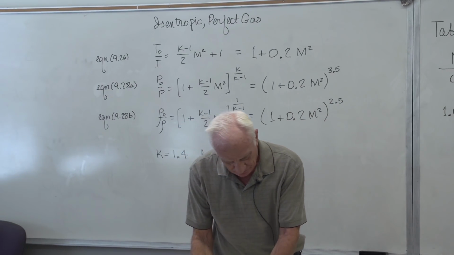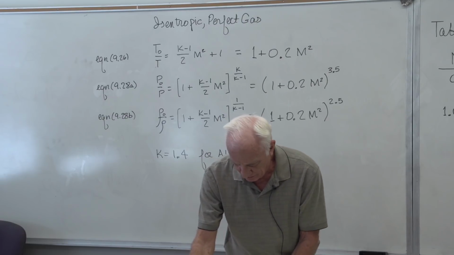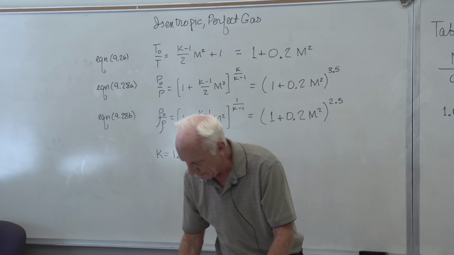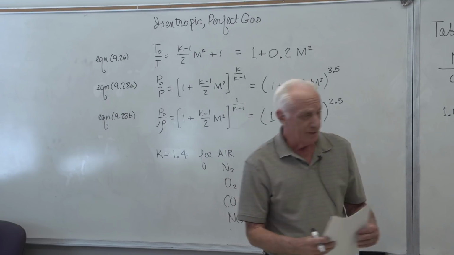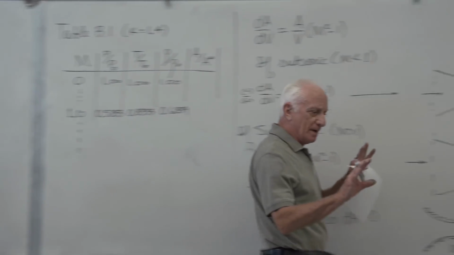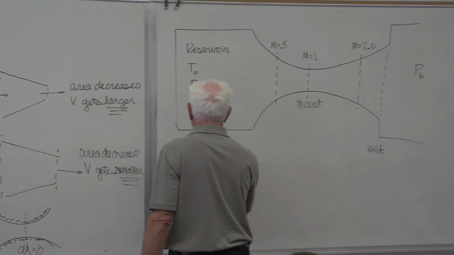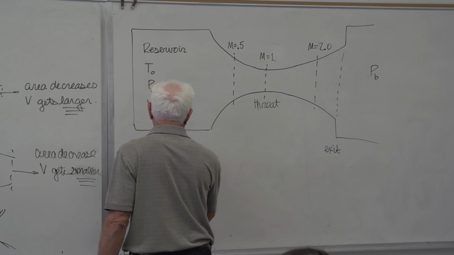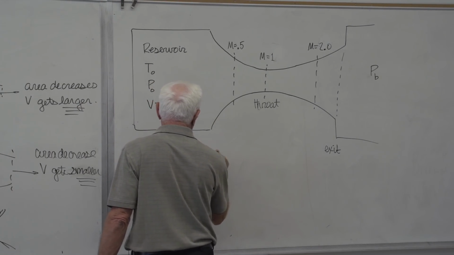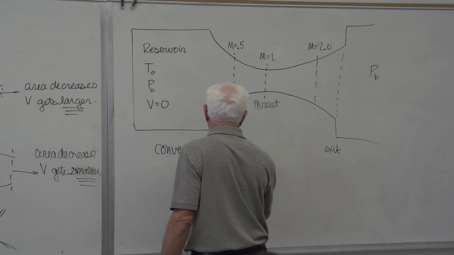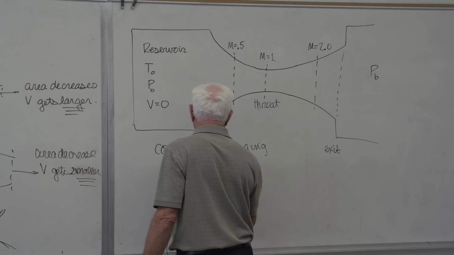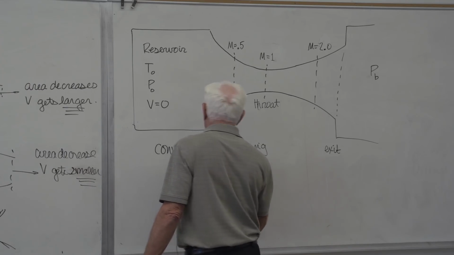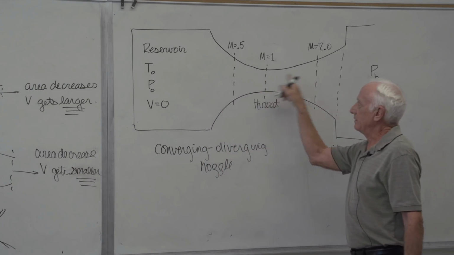All right, now, there are two possible kinds of nozzles. This one, by the way, is called a converging diverging nozzle. Converging part, diverging part.